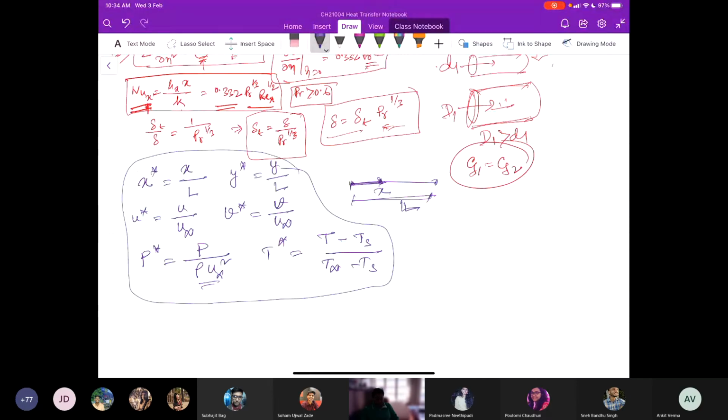Okay, then what happens? The continuity equation, after replacing these non-dimensional parameters, would look like, V star is equal to 0.